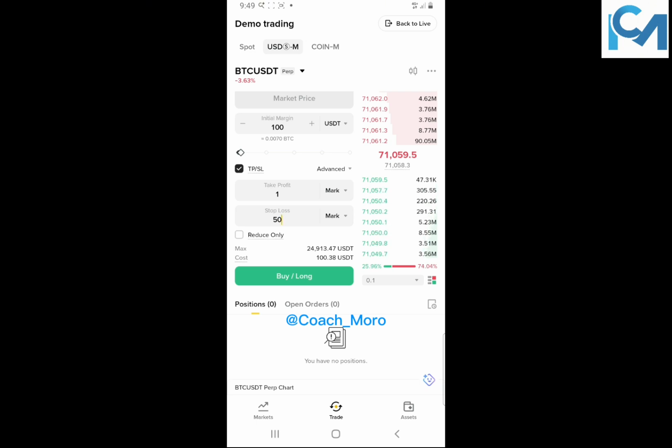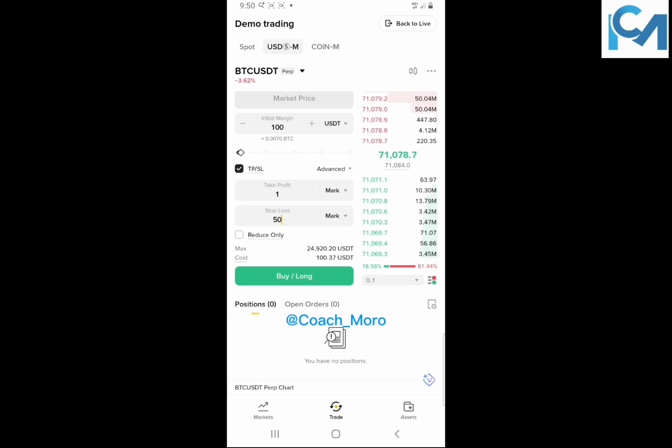So in buying, it means the price of the asset you are trading is increasing, whereby let's say Bitcoin was worth around 60k and suddenly came to 61k, the market is buying. If Bitcoin was 60k and suddenly came to 59k, it means Bitcoin is selling. So that's all about buying and selling.